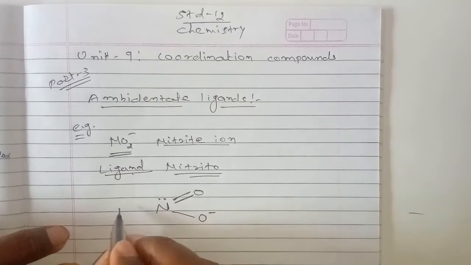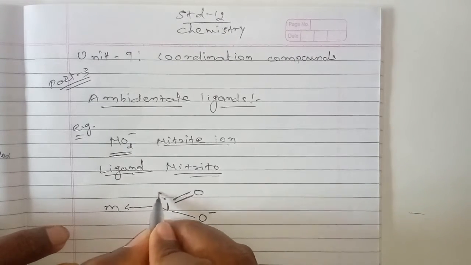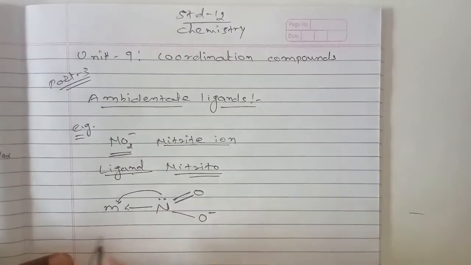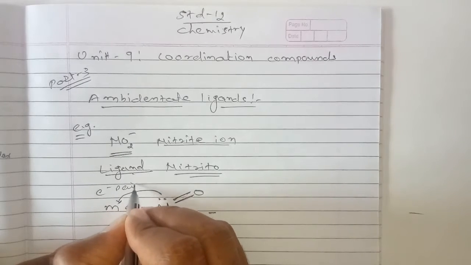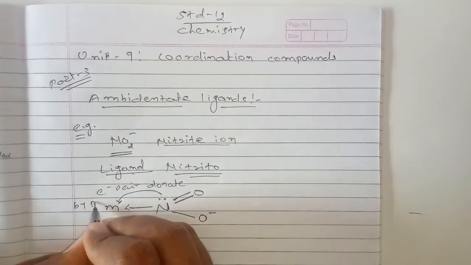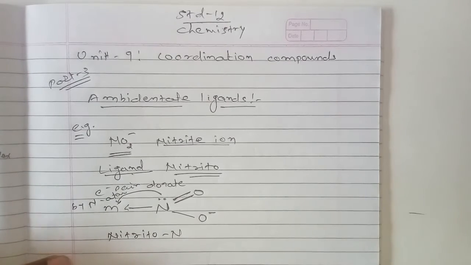When the electron pair is donated to the metal atom by the nitrogen atom, it is named nitrito N.